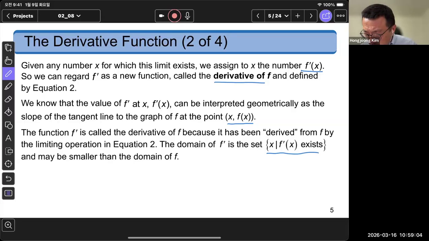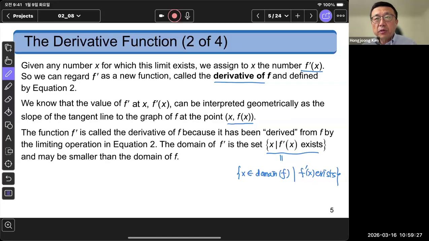Of course, even though I just said this, this x must be in the domain of f such that f prime of x exists. That's what I mean. Okay?